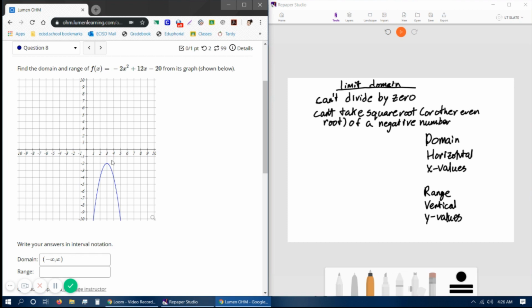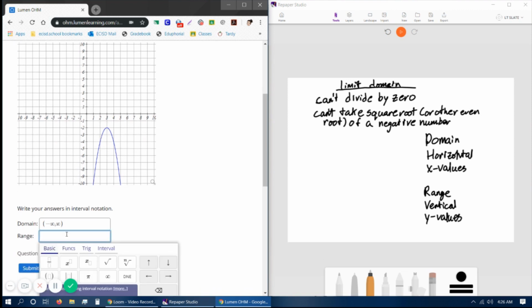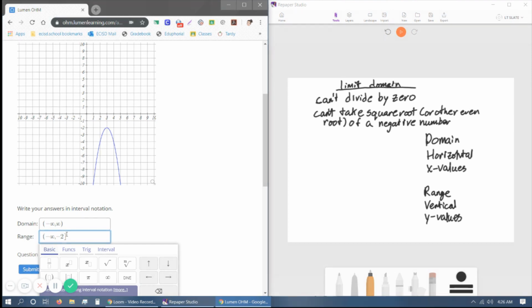If your function has a parabola facing up, this will be a minimum y value. Since mine is a maximum y value, I can write my range in interval notation as parentheses negative infinity, comma, negative 2, bracket. If your y value was a minimum, you'll enter yours as bracket your y value, comma, infinity, close parentheses.